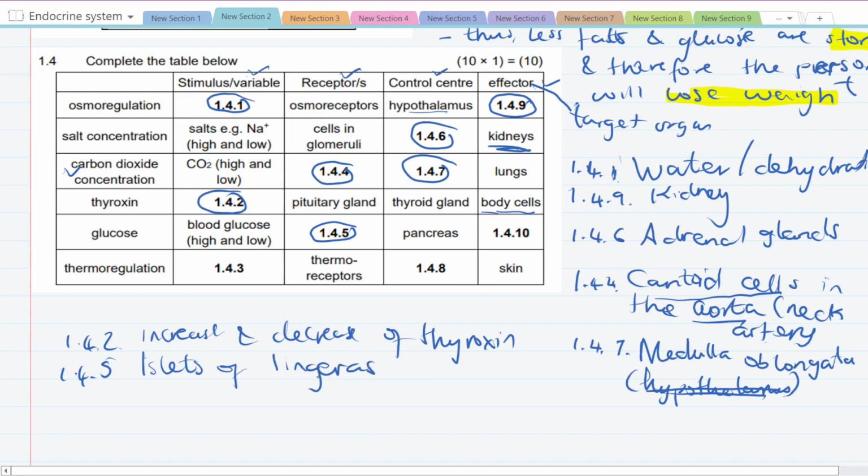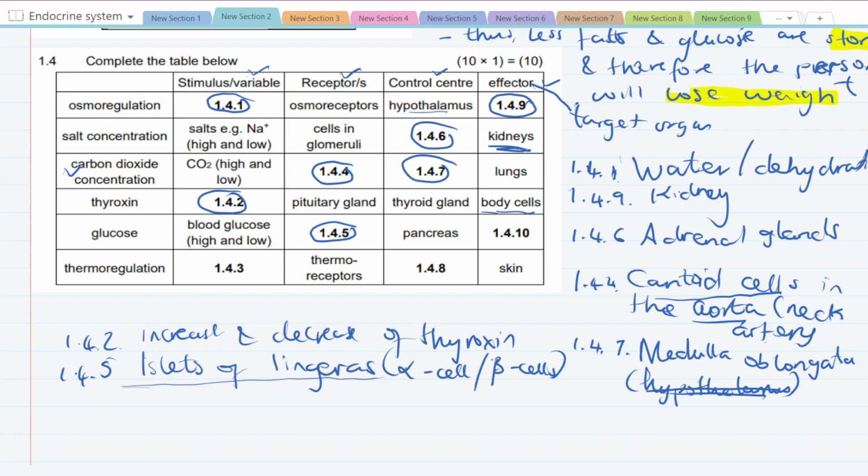I don't know how to write it correctly, but yeah. Islets of Langerhans will be your receptors, or sometimes you can say alpha cells or beta cells. But it is best to say islets of Langerhans because you don't have to be specific as to whether they are alpha cells or beta cells found in the pancreas.